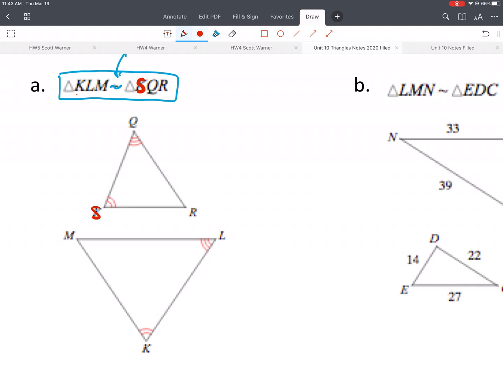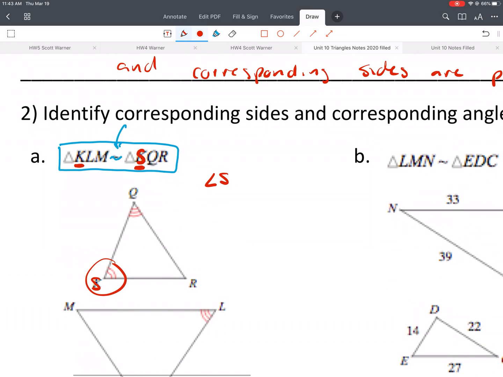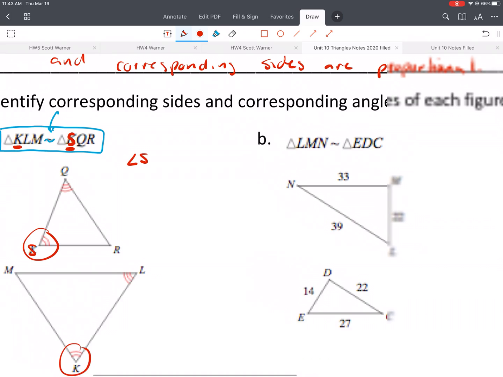So here, the first letter for both triangles, those are the same angles. These angles, if we notice right here, S and K, both have that double line on them, telling us that they are congruent. So we have angle S, and it just says to identify the pairs.